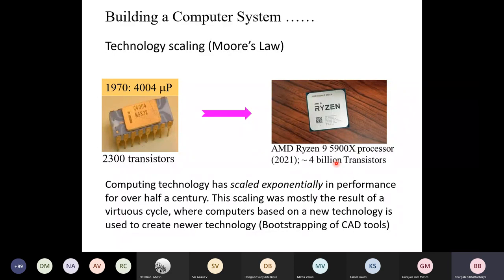That's how technology scaling has been implemented, because of this continuous bootstrapping, made possible by the arrival of newer generations of computers, which are used to generate future generations. You got the idea, right?